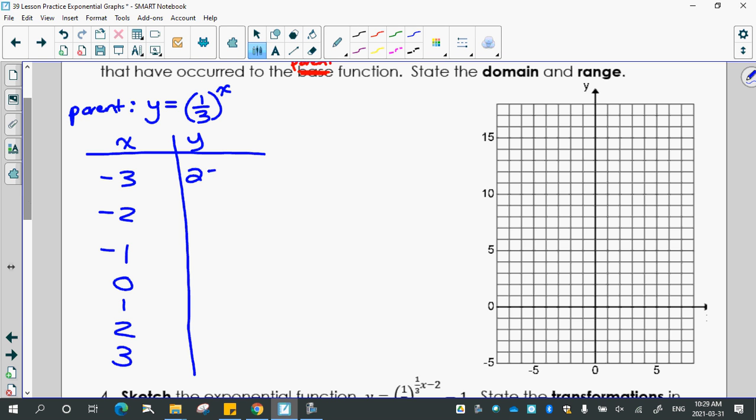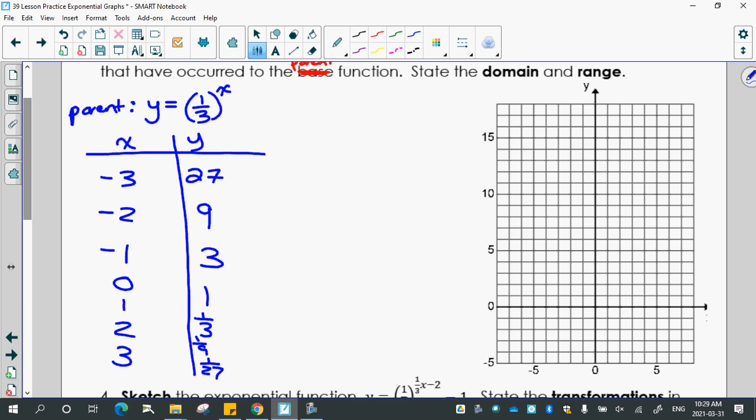Oh, good. How many people got positive 9? How many people got 3 for negative 1? Yes, good. And 1 for 0, not 0. And then 1/3 for 1. Yes? 1/9 for 2 and 1/27 for 3.